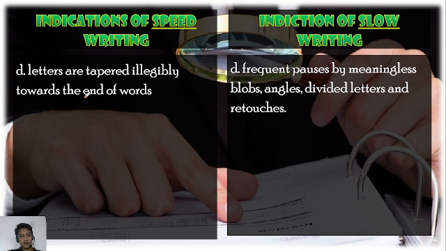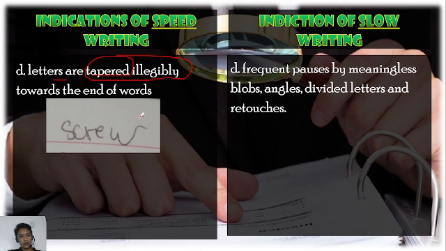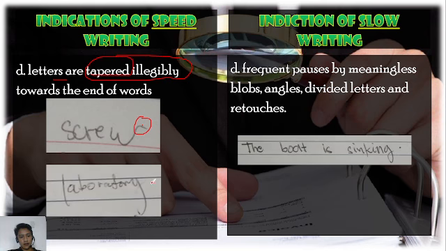And as to letter D, speed in writing, tapered po. Tapered and illegible, or hindi masyadong maintindihan kung minsan. Or from makapal to manipis yung ending niya. Right? So, that is also one indication of speed in writing.